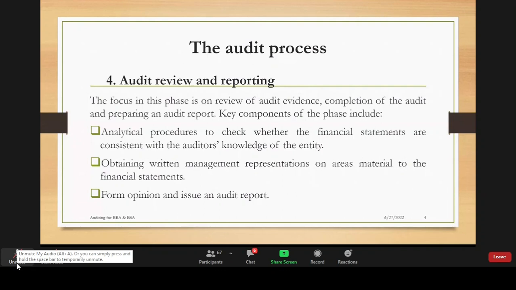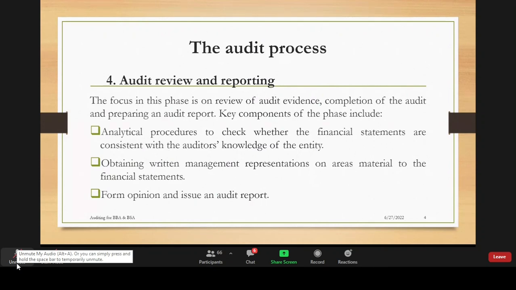Another example I can give you, under test of controls, is what we call stock taking. Let's say a supermarket like Capital Shoppers, do they count their stock regularly, or let's say after a month or 3 months, do they count their stock to ascertain the stock they hold at a particular point in time and its condition?